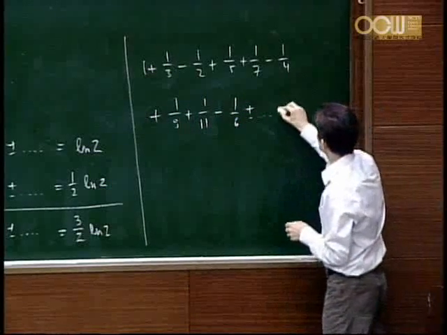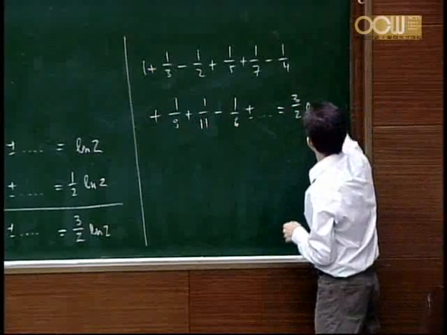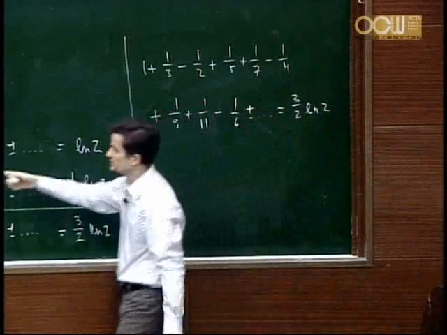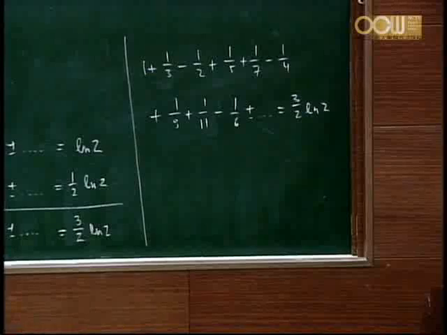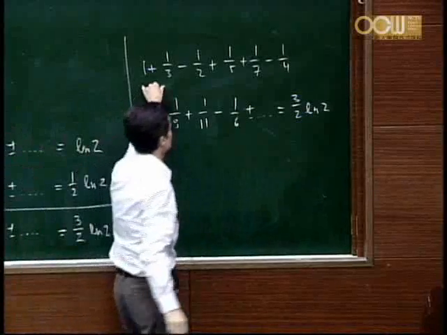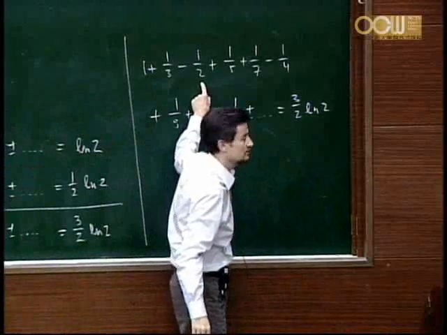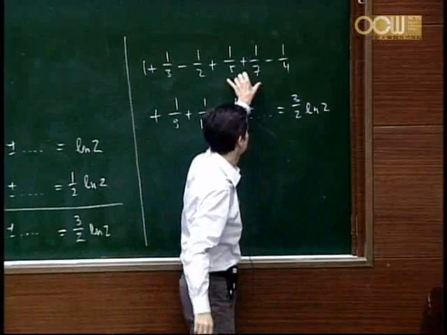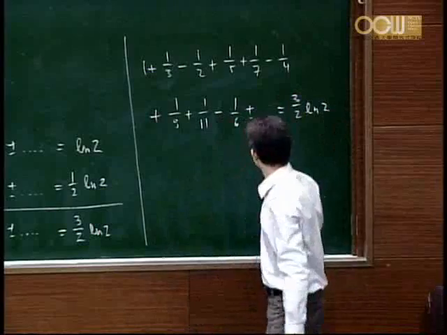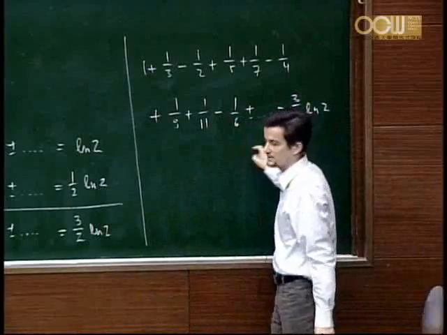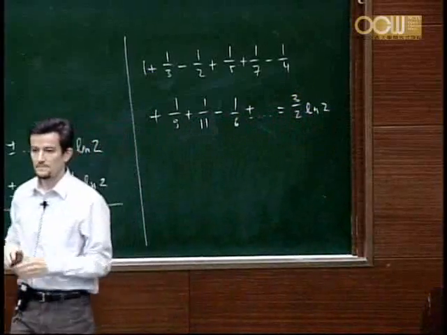And you see, this is the original series rearranged. Namely, I start with the first two odd terms, then the first even term, then the next two odd terms, then the next even term, and so on. But the result is different from before.